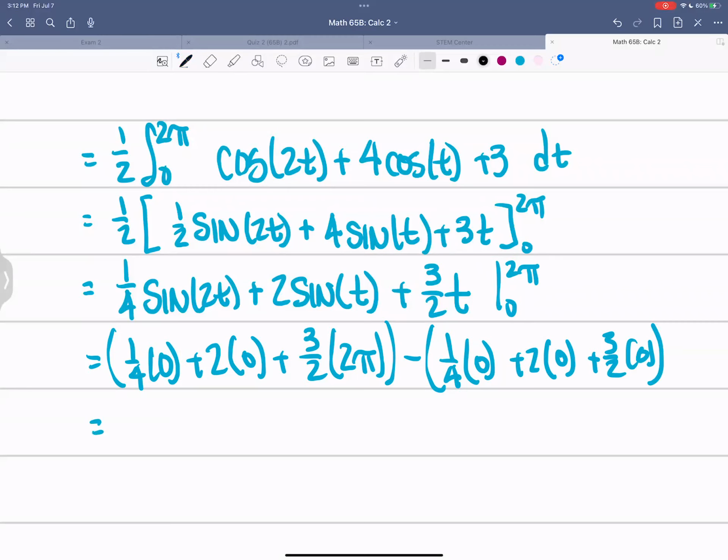And let's see what we're left with. So we have zeros everywhere else. So our solution ends up being 3 pi.